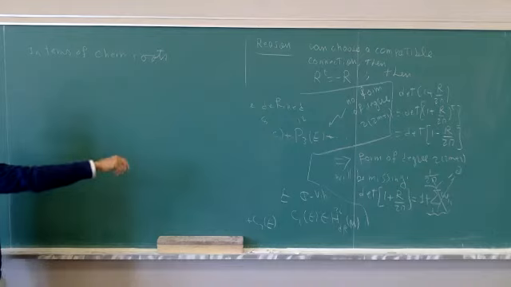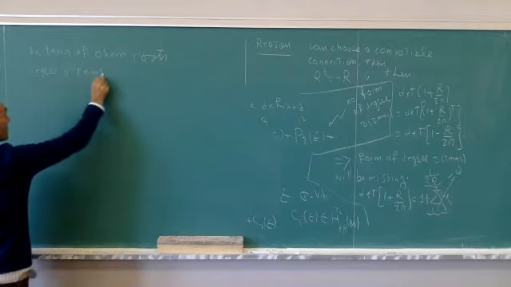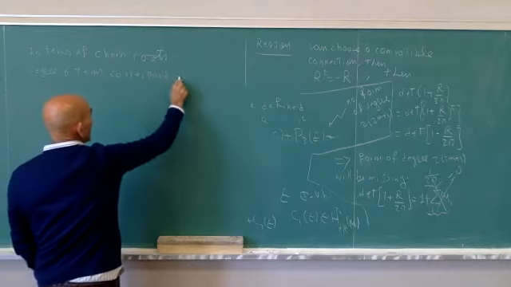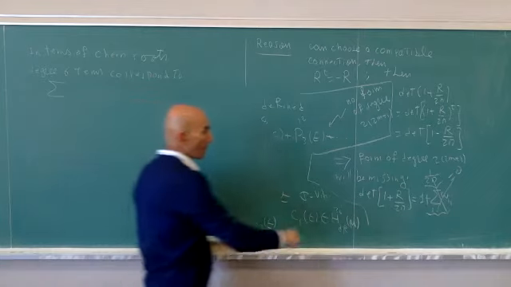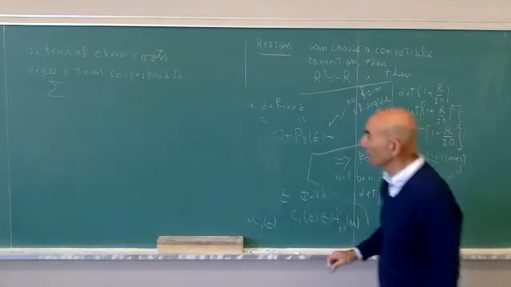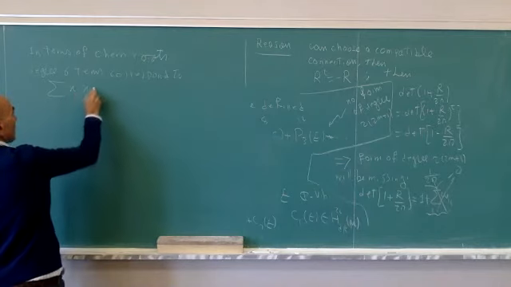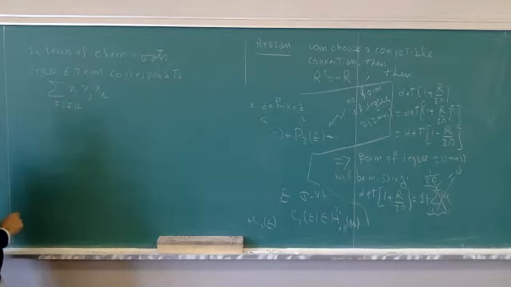Degree 6 corresponds to this sum, sum of x_i x_j x_k, with i different from j, different from k, right? This sort of elementary symmetric function.